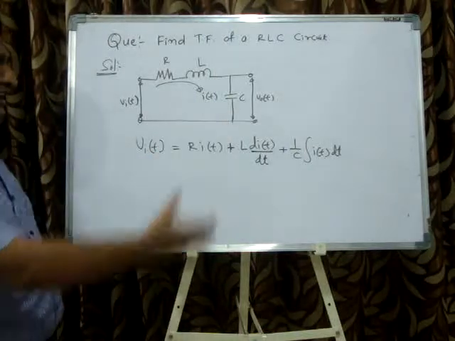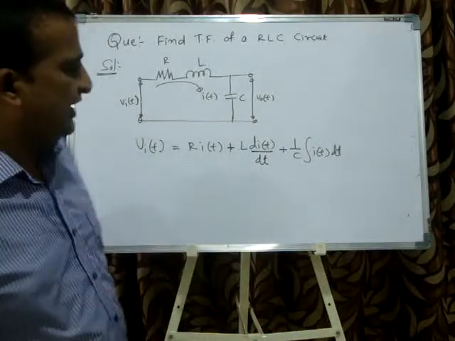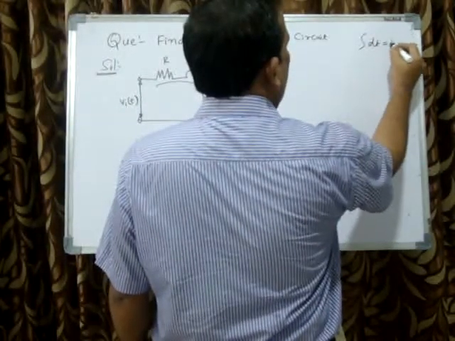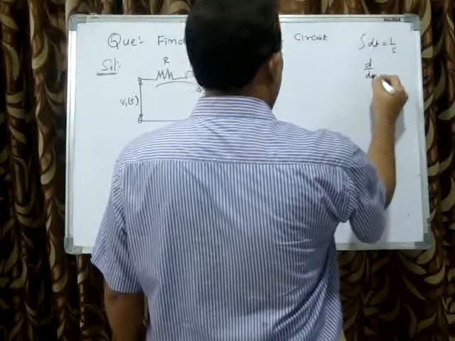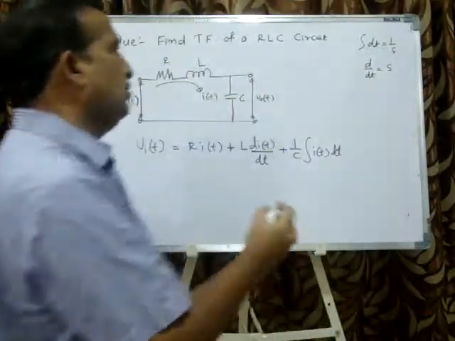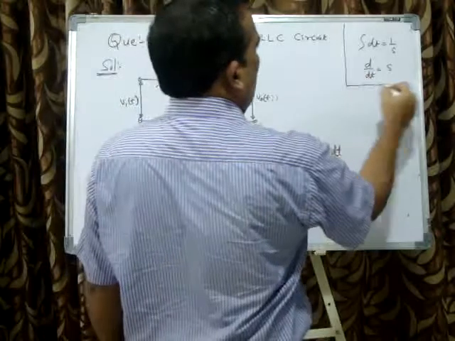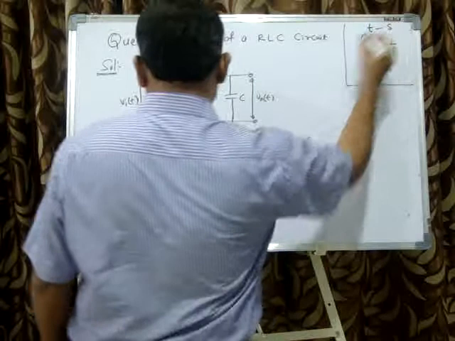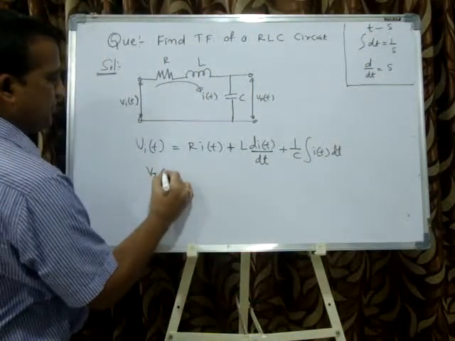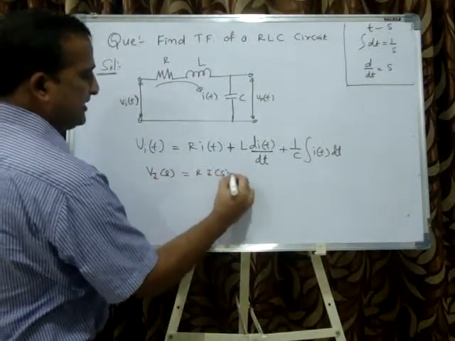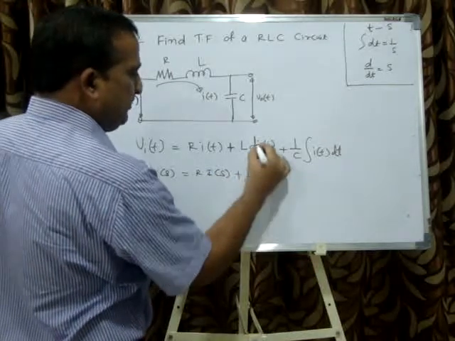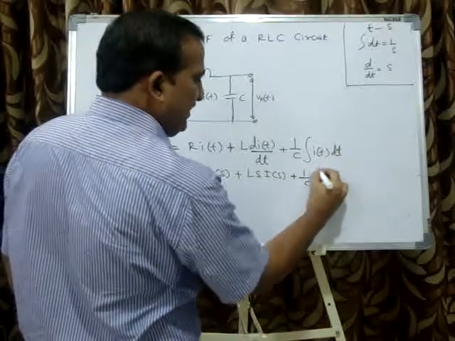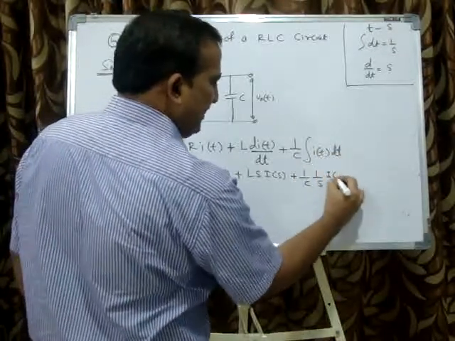Now, it is a differential integral equation. How to overcome the differential integral equation? By taking the Laplace transform. You know the Laplace formulas: d by dt becomes s and the integral becomes 1 by s, and t becomes s. Taking the Laplace transformation, R I of s plus Ls I of s, because d by dt is s, and 1 by C integration of i dt is 1 by Cs times I of s.